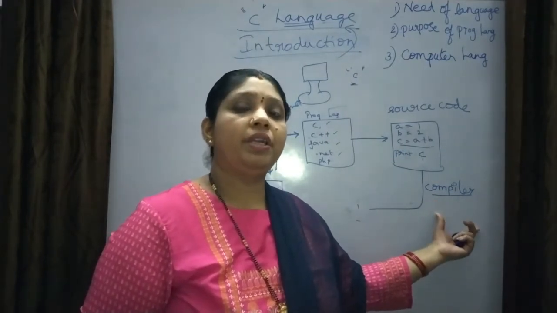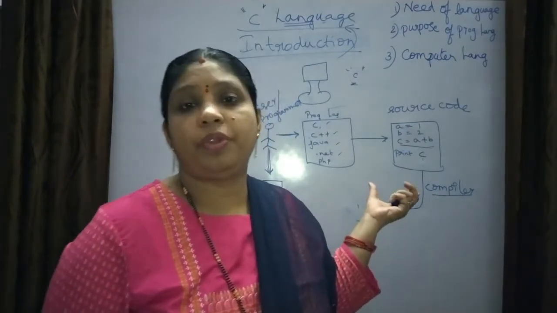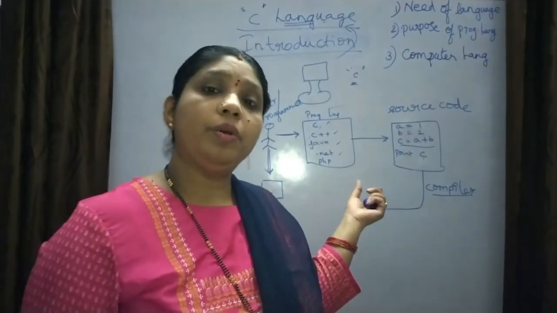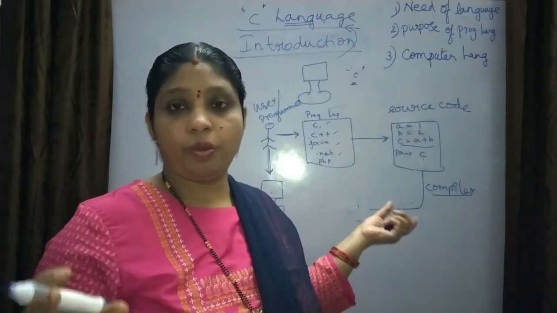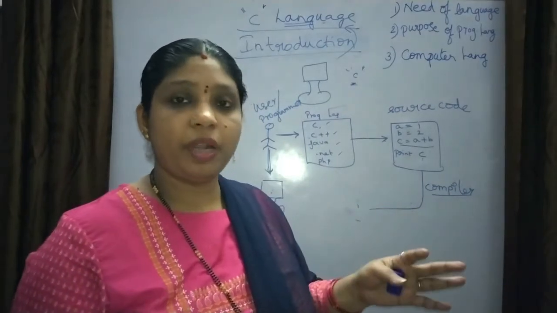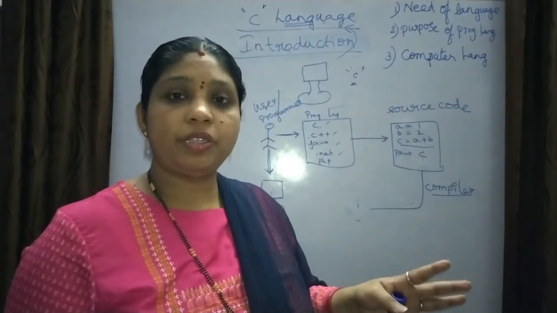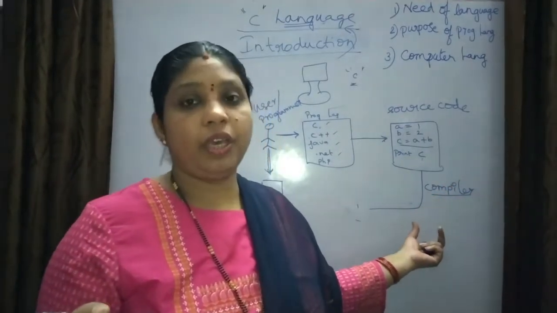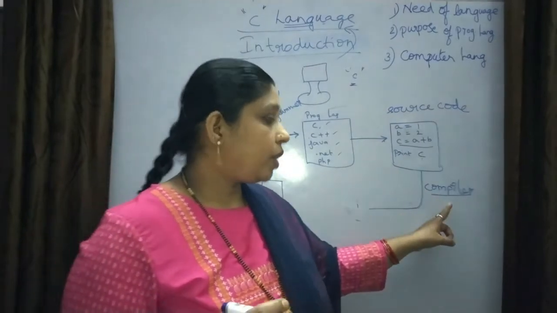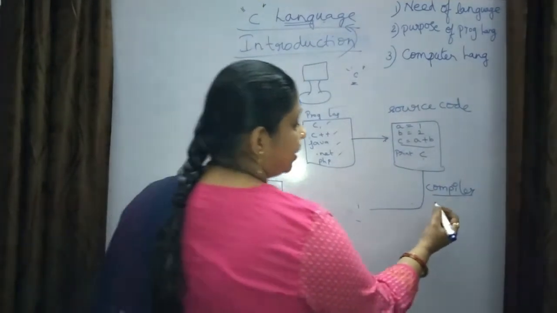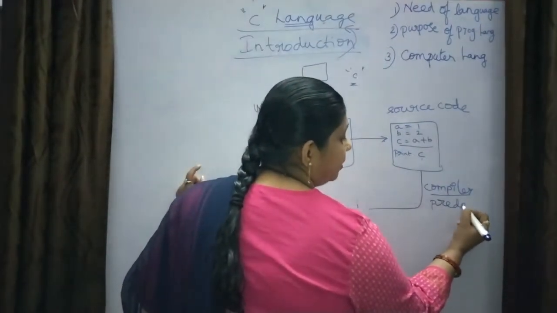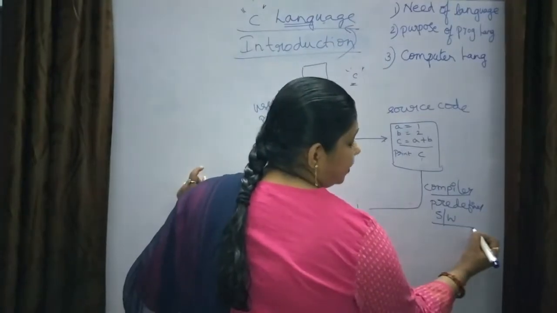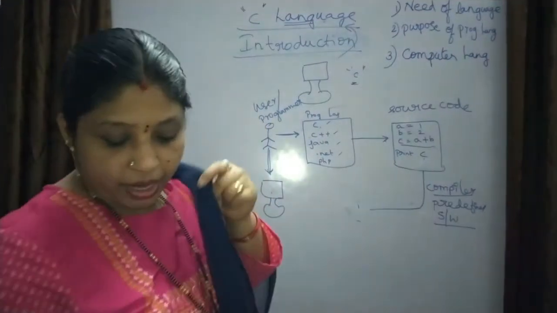Because of these compilers only, each program runs properly without any problems. It will give the output. If that program has any errors or mistakes, after compiling it will throw out the errors on the system. So the compiler is what? The compiler is predefined software, right? Predefined software. Understood?